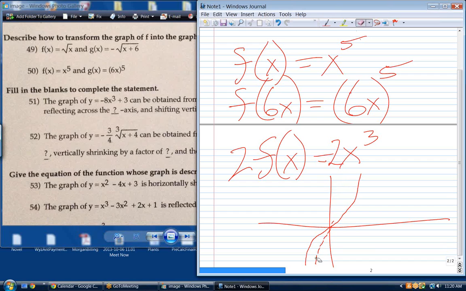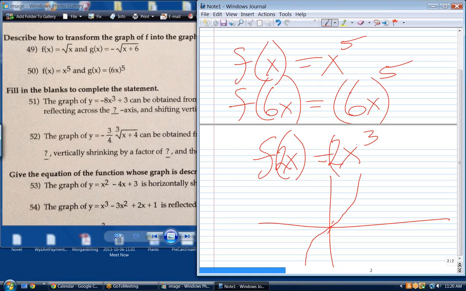But if I said, what is f of 2x? This 2 now being a horizontal shrink, because when you're talking horizontal stretches, horizontal shrinks happen when this number is greater than 1. Horizontal stretches happen when this number is between 0 and 1.